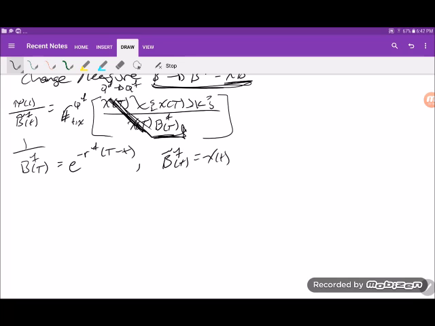So in the end, we'll have that pi 1 over xt is equal to the QF expectation of e to the negative rf, T minus t, times the indicator.